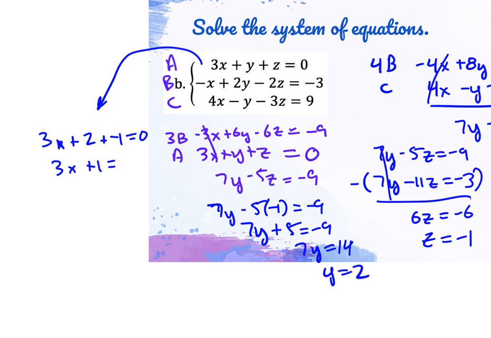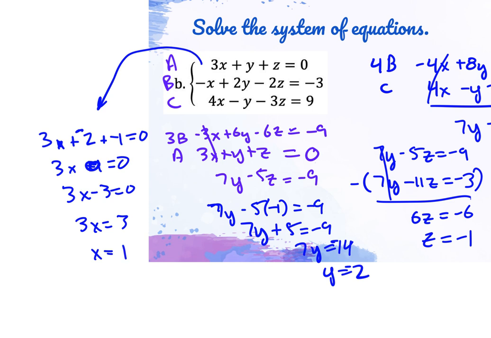So it should be plus 1 equals 0. Whoops, I made a slight mistake. My bad. Y should be negative 2, because that should be a negative 14, should be a negative 2. So that makes it 3x minus 3 equals 0. So 3x equals 3, so x is going to equal 1.